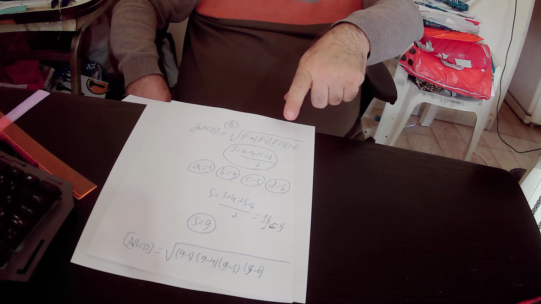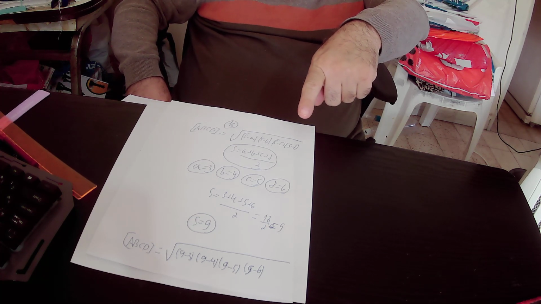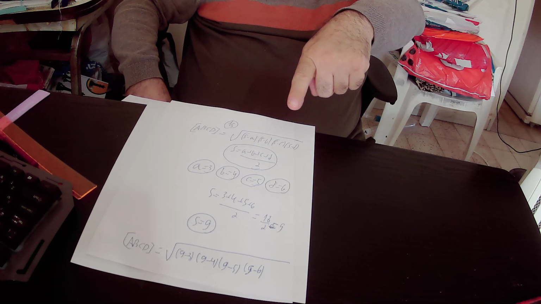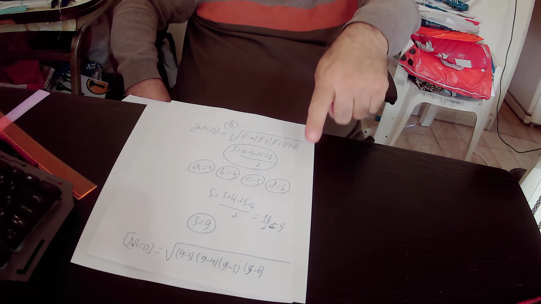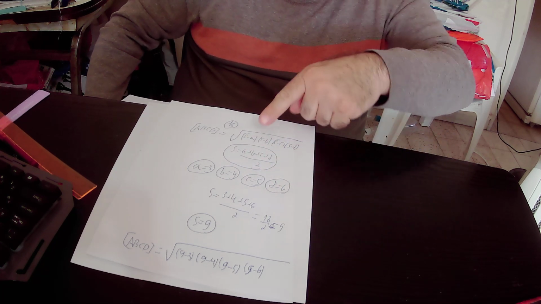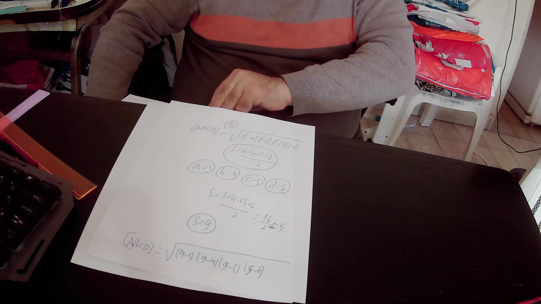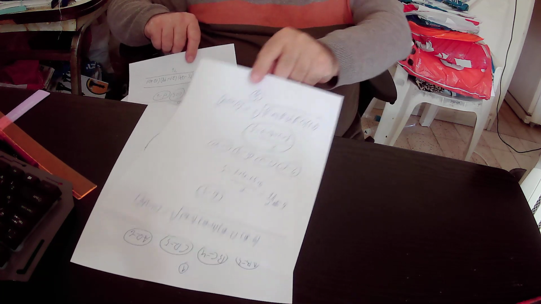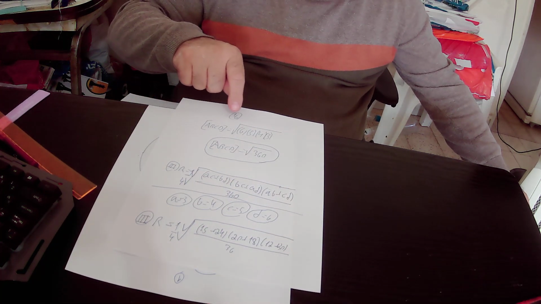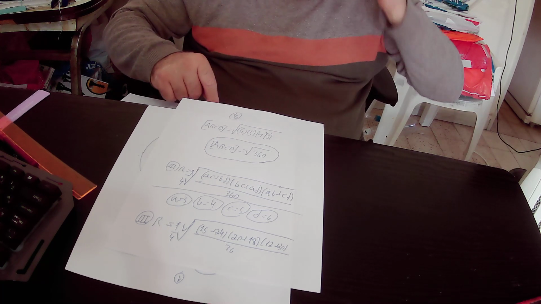And S equals (A plus B plus C plus D) over 2. We have the values of A, B, C, and D, so S is actually 9 units. We put the value of S inside this equality, and we found out that the area of quadrilateral ABCD equals the root of 360 square units.